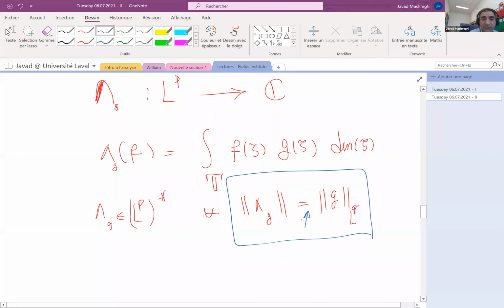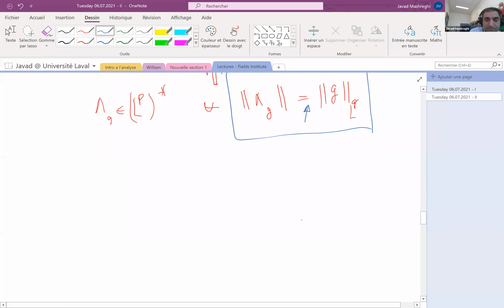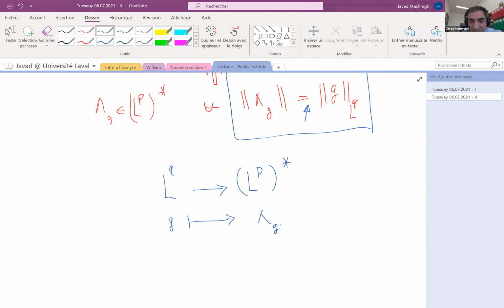So if we make this mapping, lambda_g goes into the functional it represents. The second important message of the theorem is that there is no more. This map is bijective.